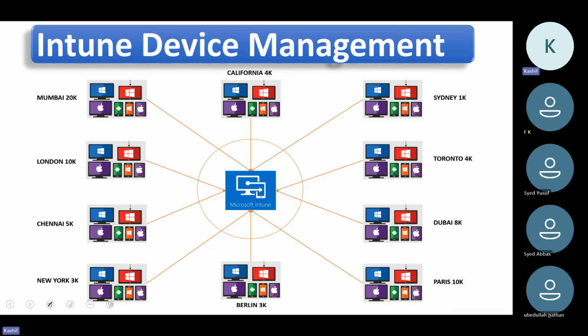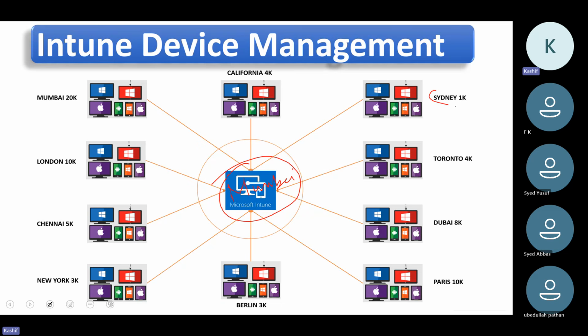Now, how are the devices being managed? Suppose you are located in Mumbai, right? This is you, and all your devices are being controlled from your Intune portal. All devices will have to be enrolled into Intune.